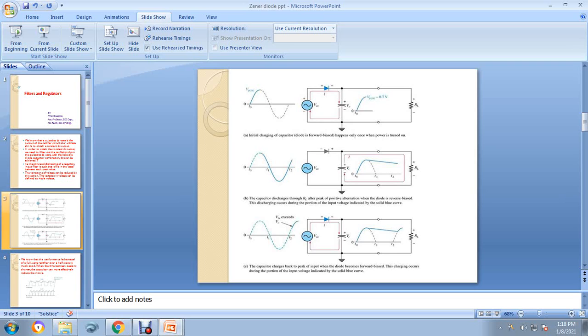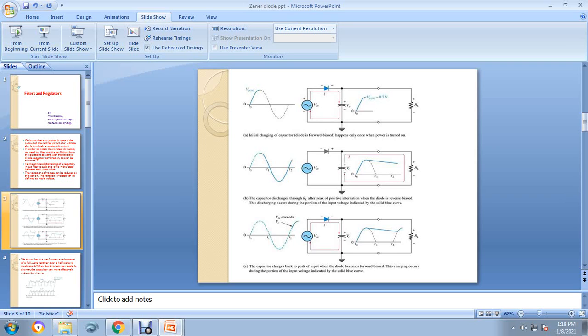Then when the negative half cycle starts, the positive peak voltage comes down and the capacitor starts to discharge depending on its charging and discharging, so it remains in the same position.